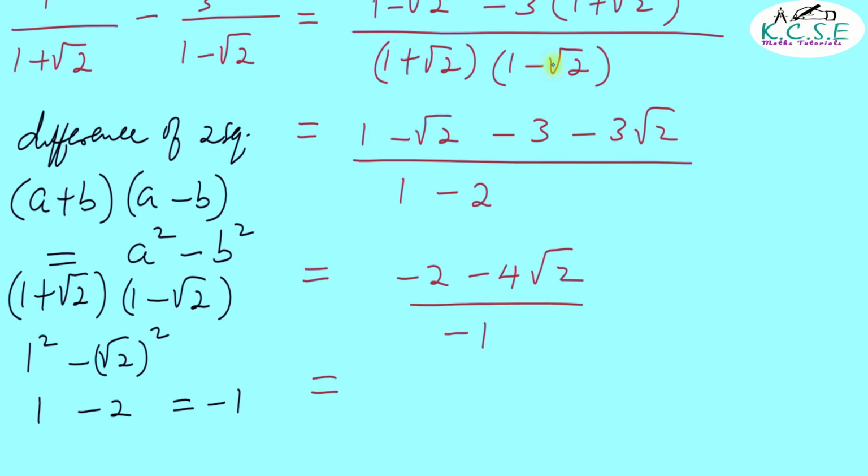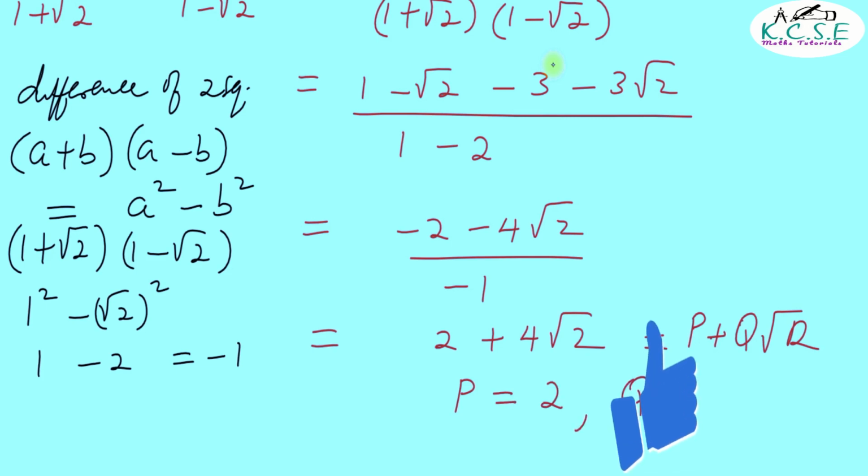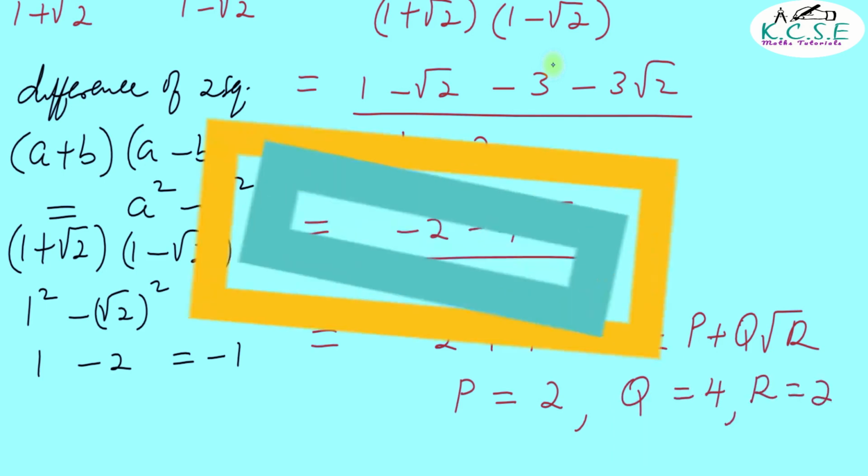So divide this by negative 1, you get 2 plus 4 root of 2. Therefore, according to this question, if we compare with p plus q root r, p is 2, q is equal to 4, and r is equal to 2.